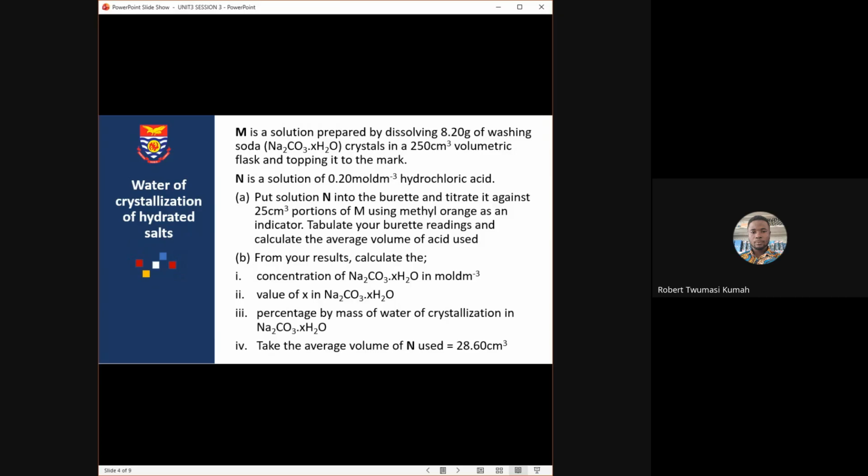So we have to find the concentration of M, the value of X, and percentage by mass of water of crystallization. Our average volume of N used is 28.60 cubic centimeters.